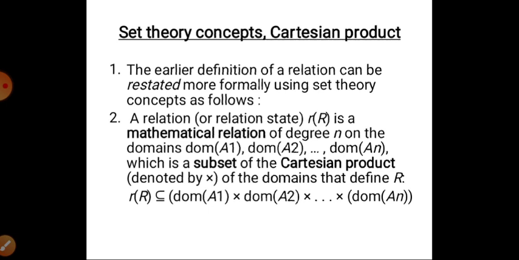A relation, or relation state r of R, is a mathematical relation of degree n on the domains dom A of 1, dom A of 2 up to dom A of n, which is a subset of the Cartesian product, denoted by the cross sign, of the domains that define R. So here r of R is nothing but a subset of dom of A1 x dom of A2 x up to dom of An. So all possible values are taken from each domain attribute.